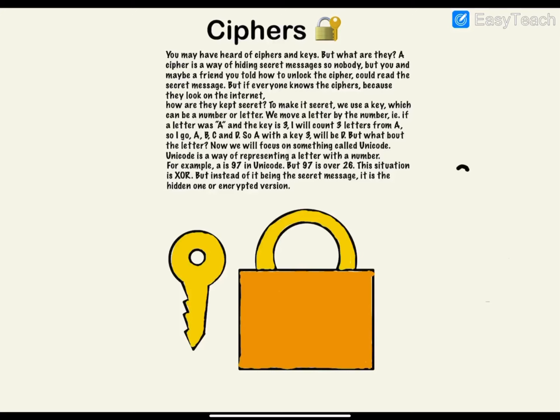So that means if I have a secret message, the hidden message will be 97 minus 26, because there's a part of 96 inside the 26, or the part of the alphabet, and then the rest will go to all the emojis or the symbols and some other stuff.